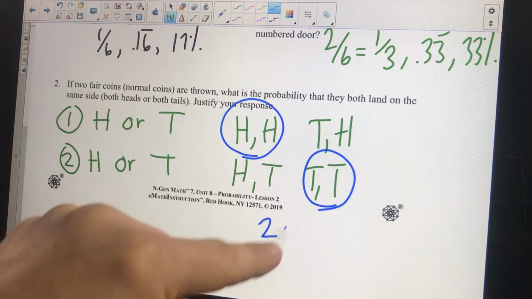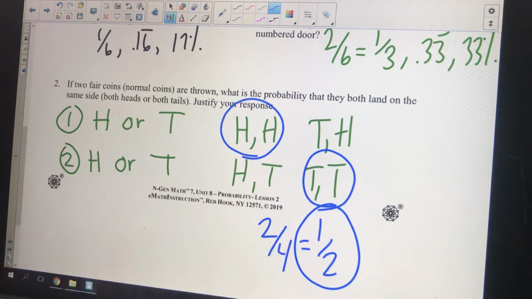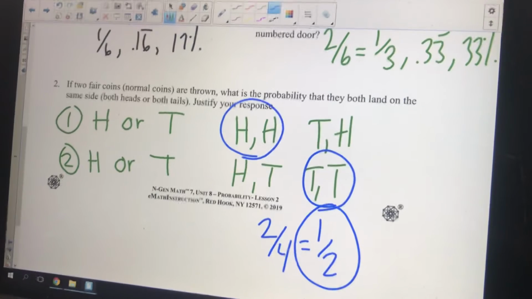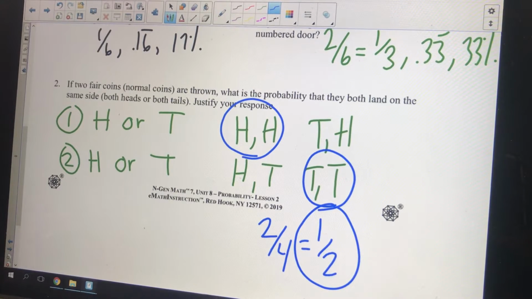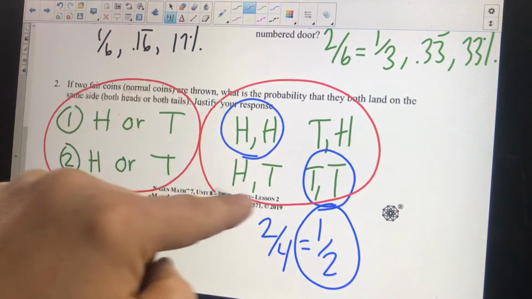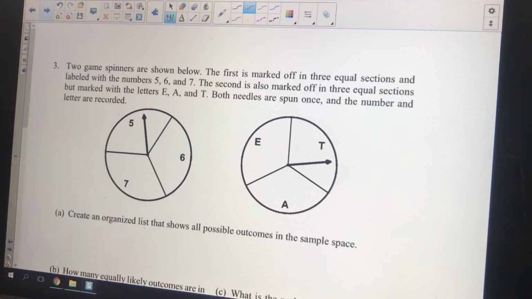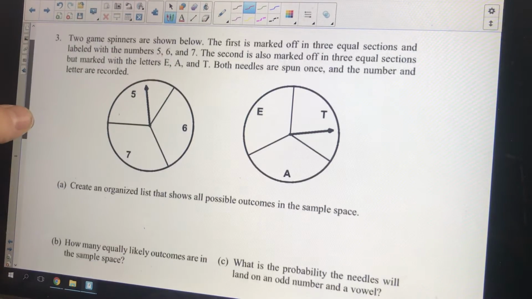That's 2 out of the 4 options, or 1/2 of the time you're going to get either a double heads or a double tails. And justifying my answer, that's me doing this work here and this work here. That's the justifying.